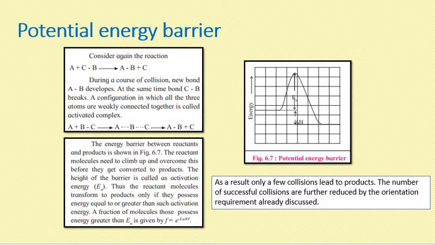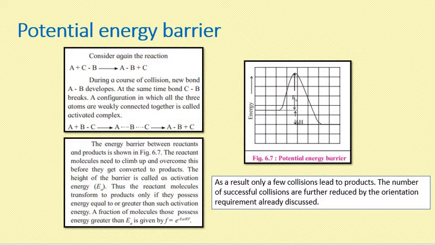To attain the configuration ABC, the activated complex, energy is needed, which comes from the kinetic energy of the colliding molecules. The energy barrier between the reactant and product is shown in the diagram.